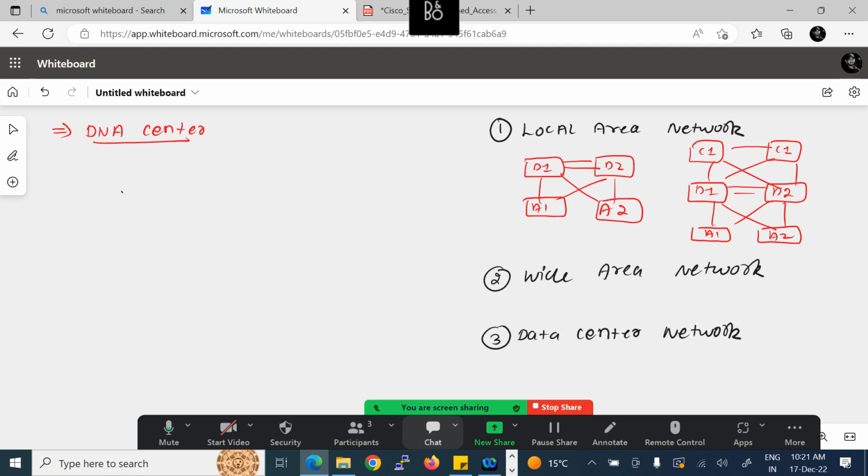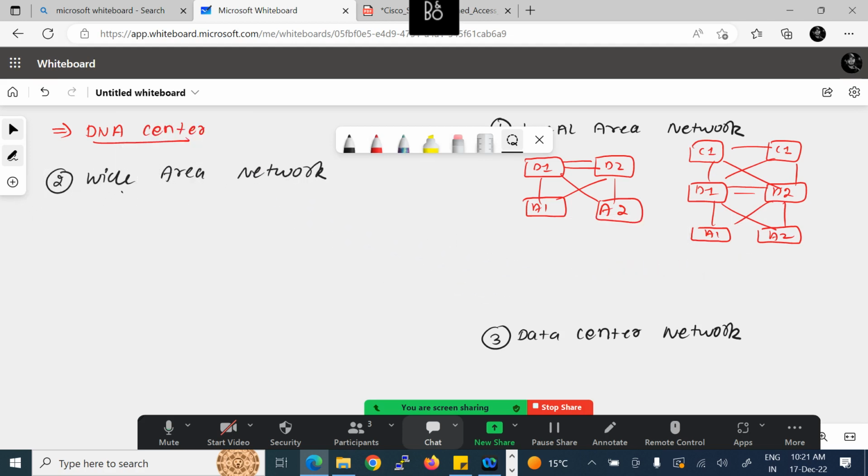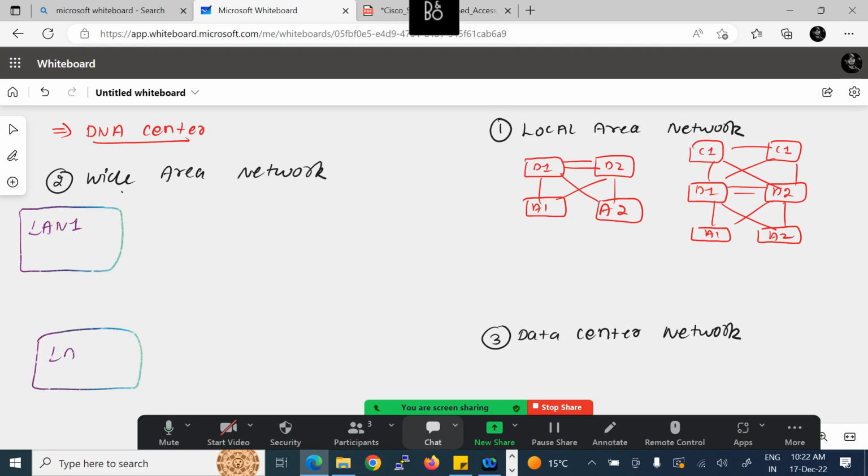If I talk about wide area network, it was basically designed to provide communication between local area networks separated by a large distance. This is LAN 1, this is LAN 2, this is LAN 3, this is LAN 4.